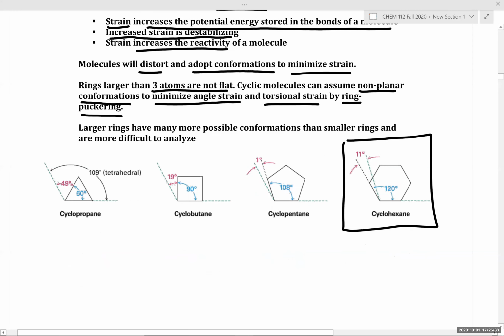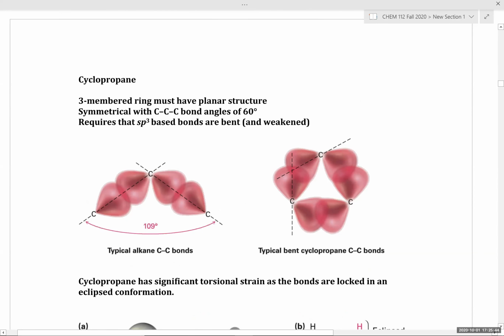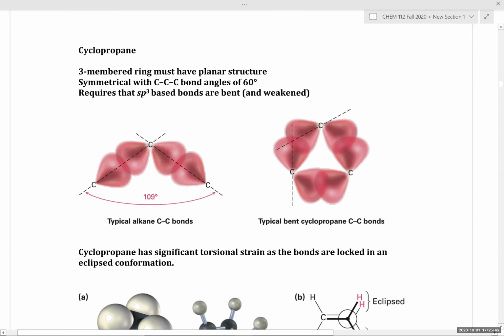Okay. So let's talk about our larger ring sizes. And just to recap for cyclopropane, it's a 3-membered ring with a planar structure, has carbon-carbon bond angles of 60 degrees, and it requires that our bonds are bent. As a result, our bonds are weaker than usual due to this inefficient overlap.